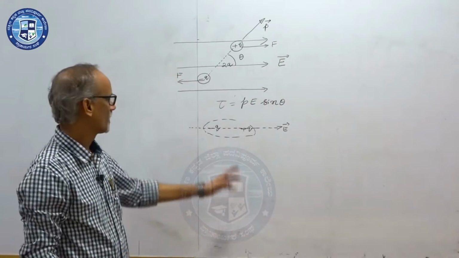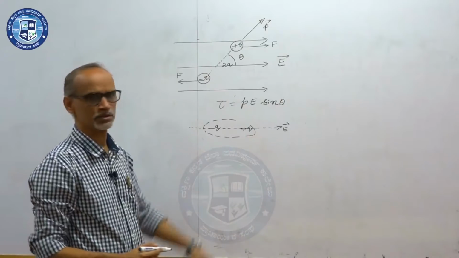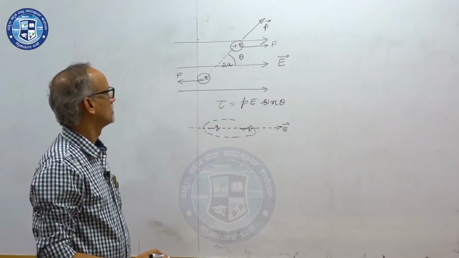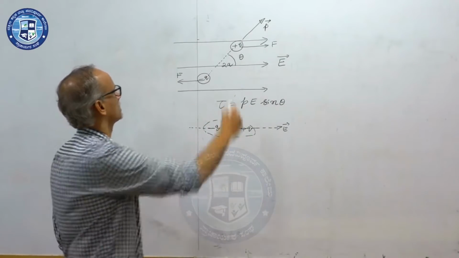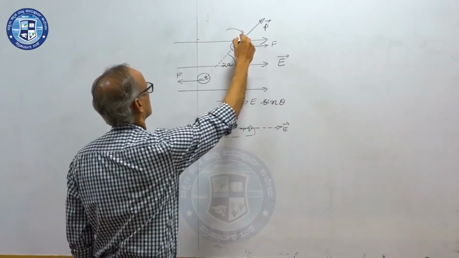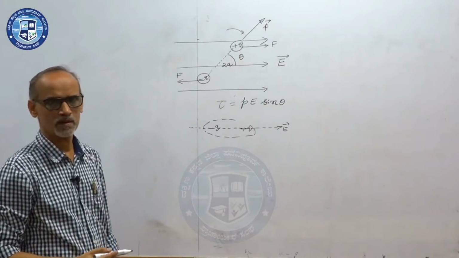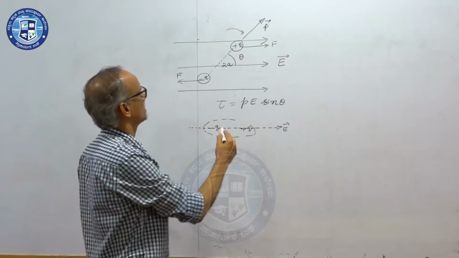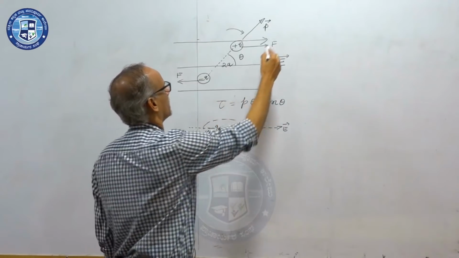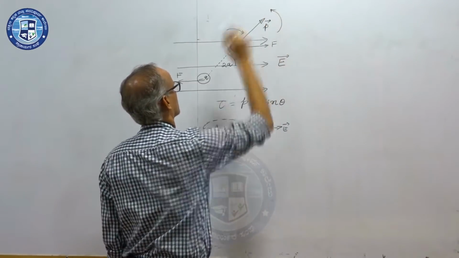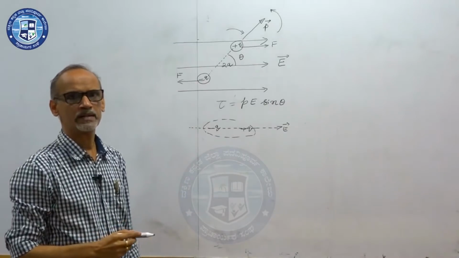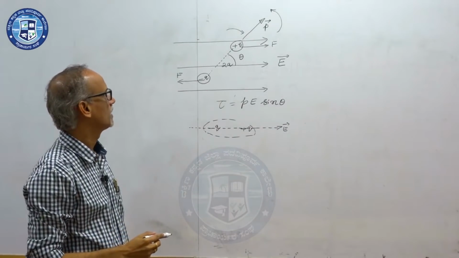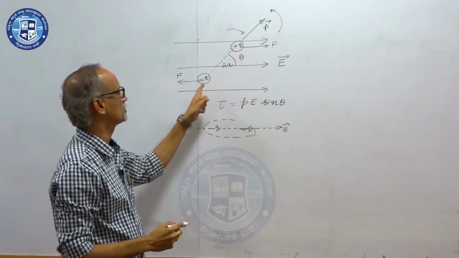So, this is called the stable equilibrium position. The direction of rotation here is clockwise. I am going to exert an external torque in the anticlockwise direction, and I will maintain the dipole in this position.